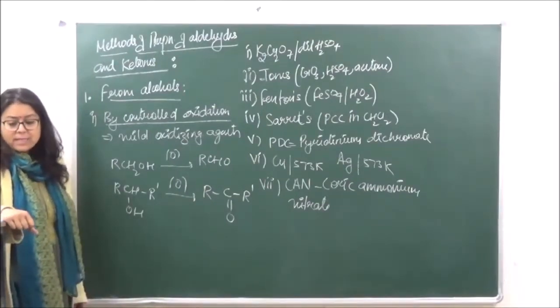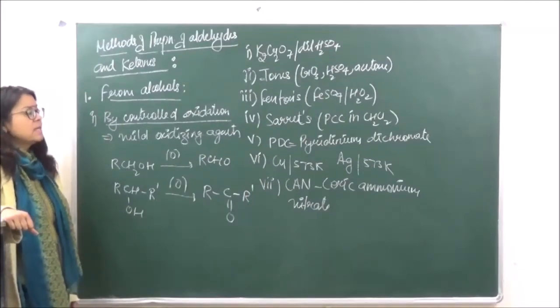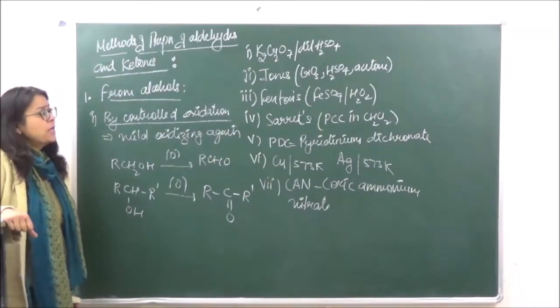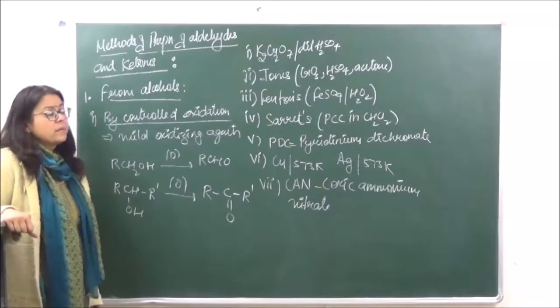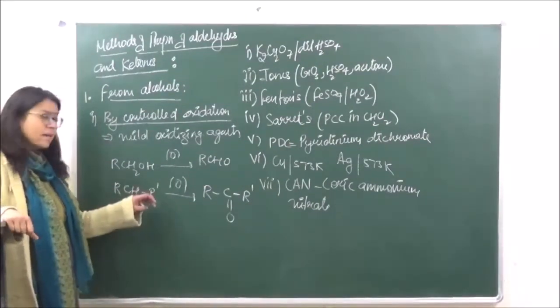Now there are certain reagents, for example PCC, pyridinium chlorochromate, in CH2Cl2, which will not affect a double bond if present in a compound. It will only hit the functional group.